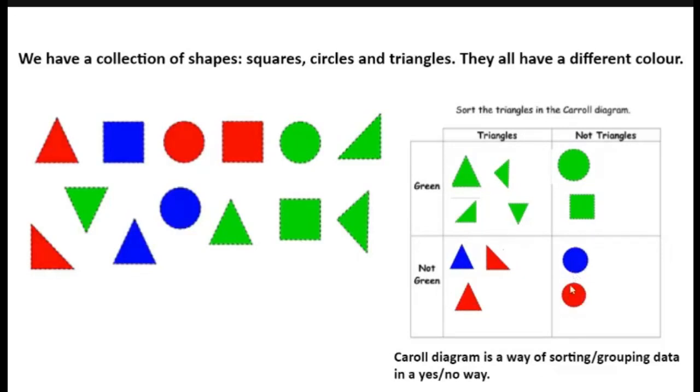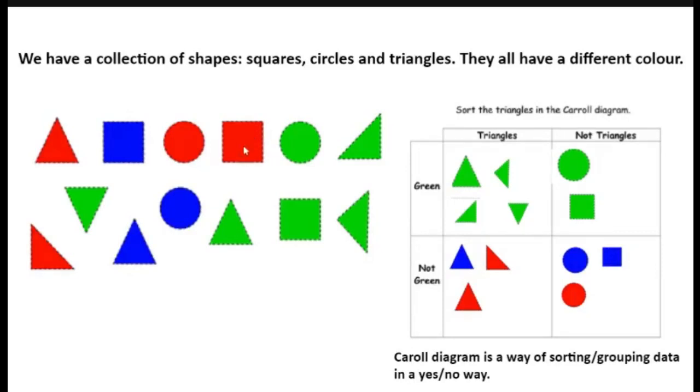So it's red, it's not green, and it's not a triangle, it's a circle. And one more, square, it's blue, so not green, and not triangle. Okay, it's not triangle, it's a square, yes?